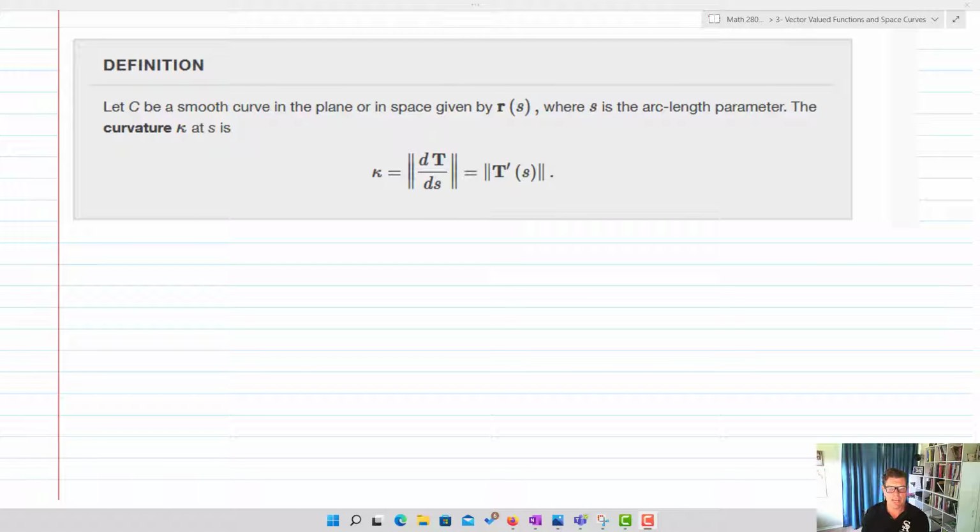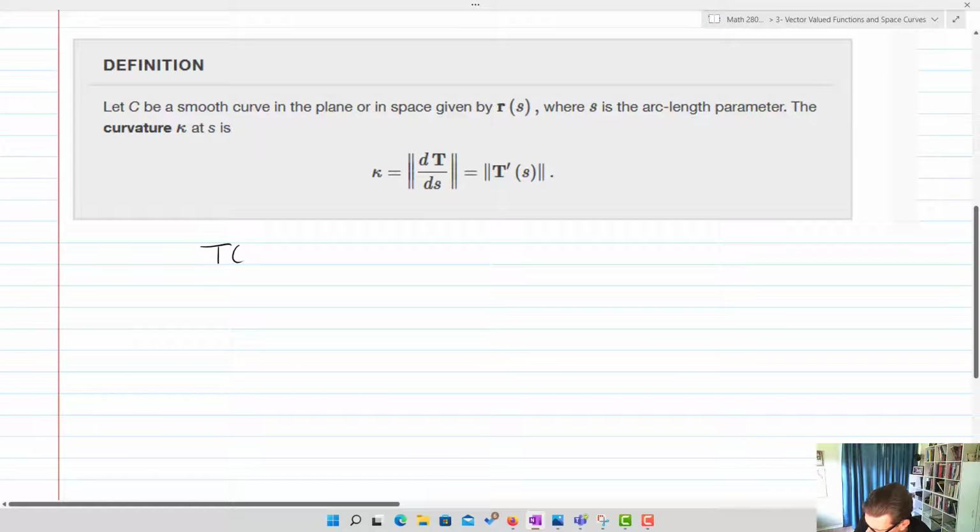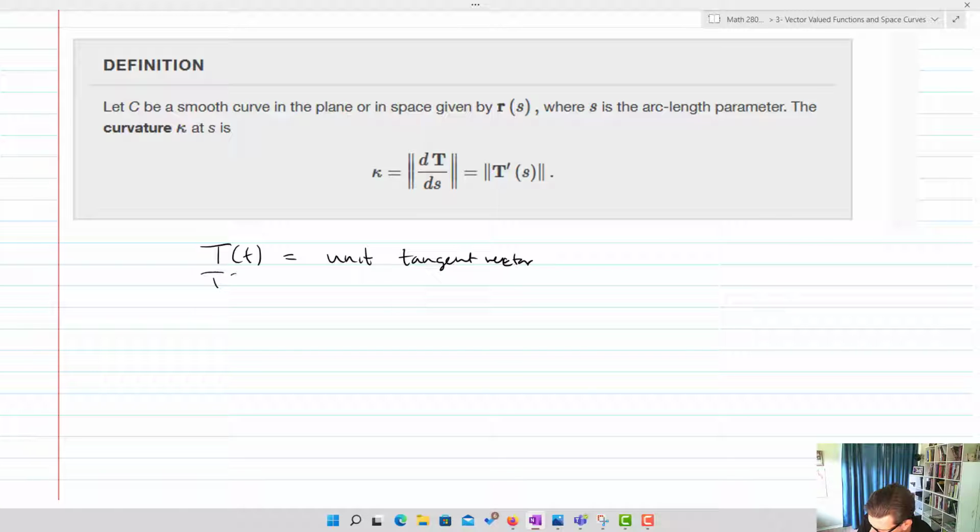So the curvature K at s is going to be K equals the magnitude of the derivative of T, where T of s is the unit tangent vector, but parameterized for s. So it's the magnitude of T prime of s.